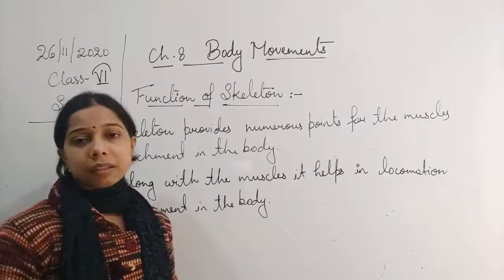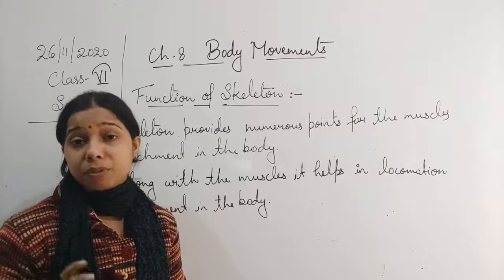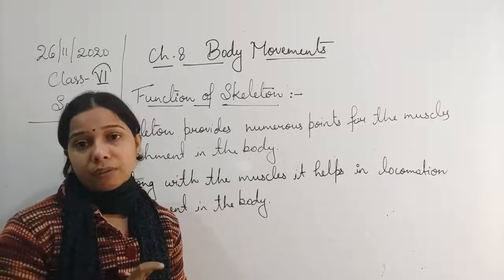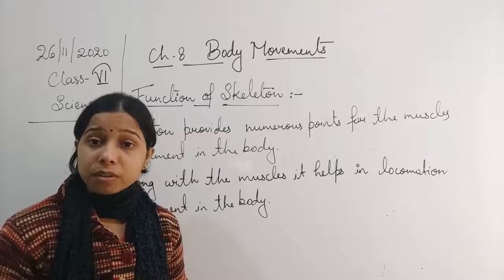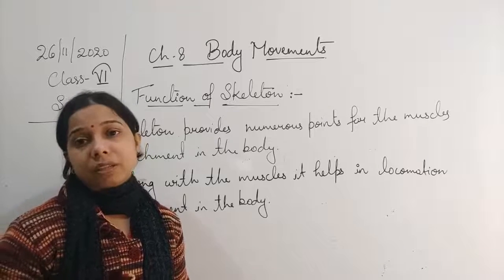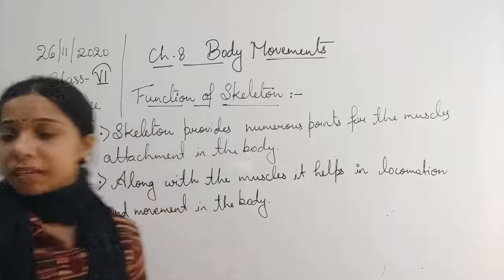And the very important thing, that the skeleton helps in protecting the delicate, very soft organs which are present inside our body. It is protected by the bones, by the human skeleton.